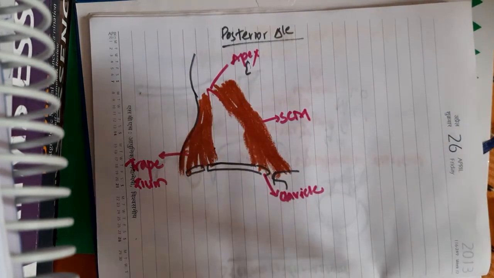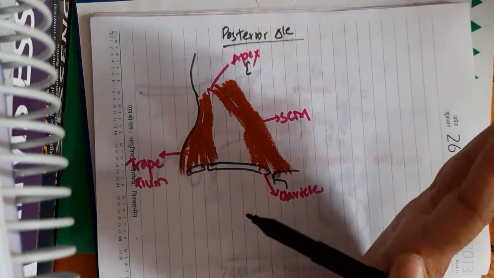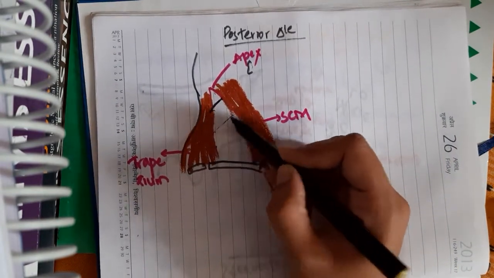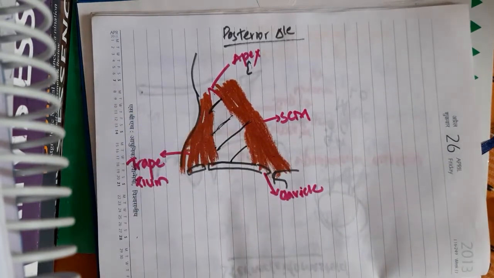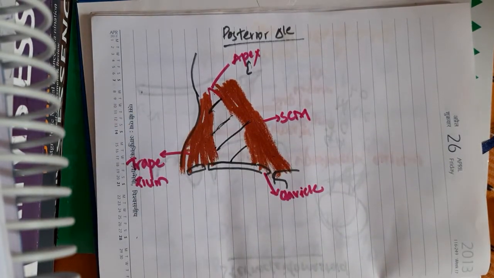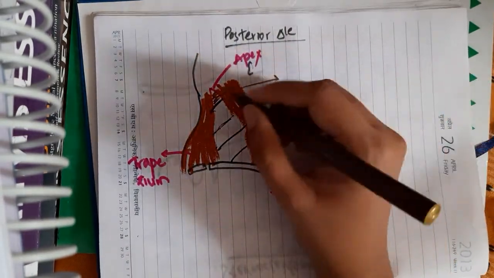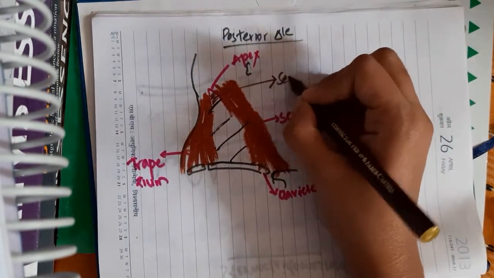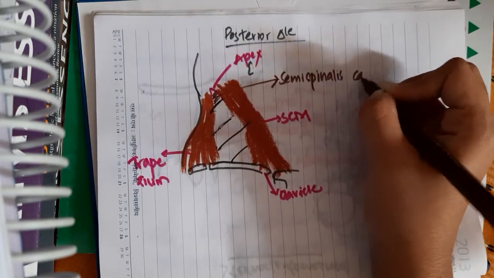The floor of the posterior triangle is mainly formed by five different muscles. This is the topmost muscle bounding the topmost part of the floor of the posterior triangle, called the semispinalis capitis.